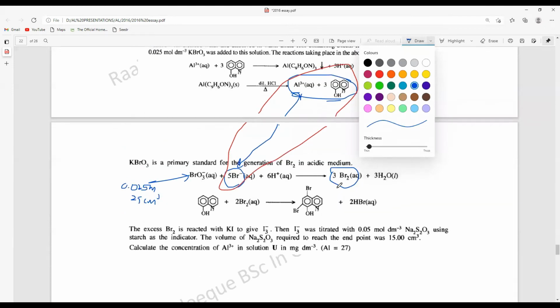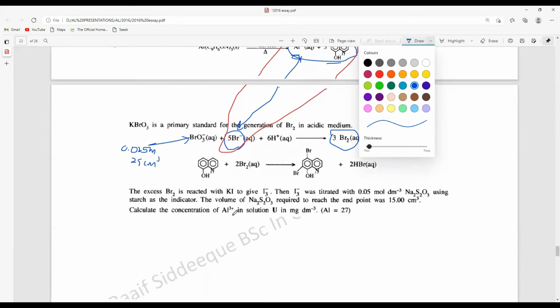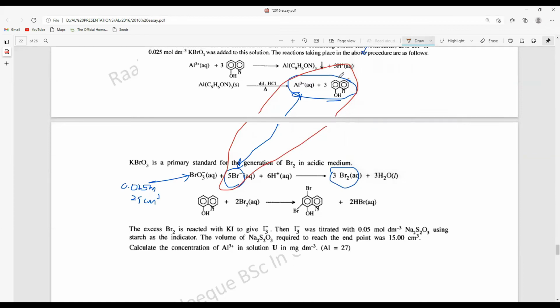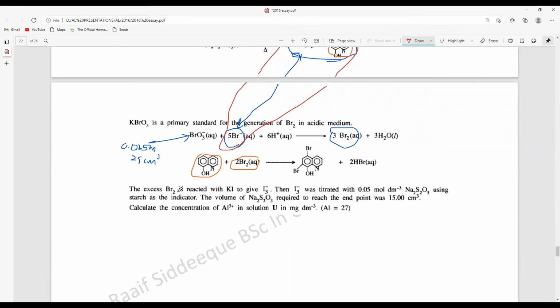This released Br2 reacts with the oxine that is formed from the dissolution, you see? And they say the excess Br2 is reacted with KI. So there is a reaction that is happening.